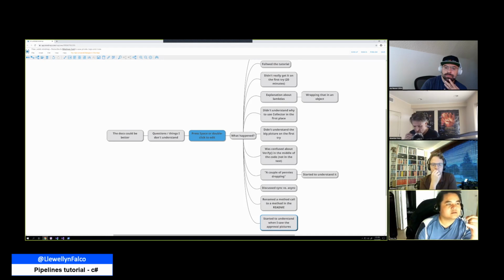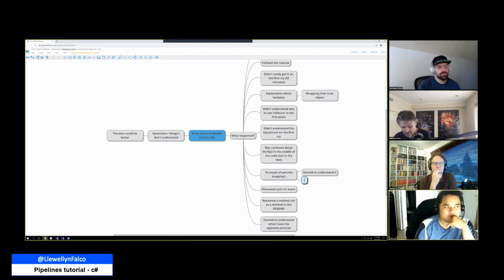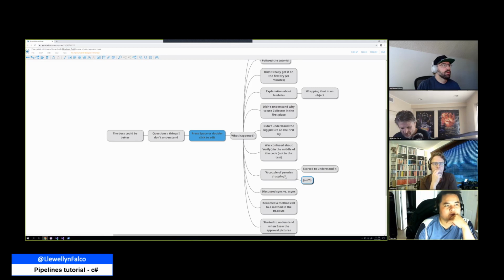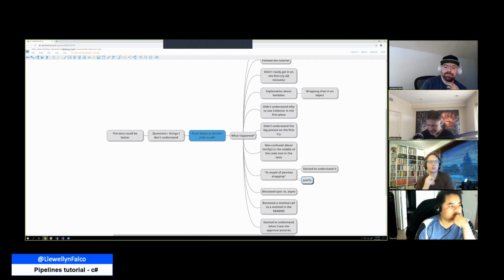That is when I started to pick up on it. So the join is one of the pennies. Yeah, that is one of the pennies, and only when I saw the approval image for that join, then I started to pick up.